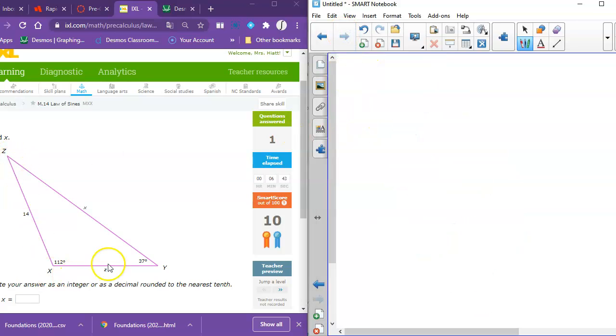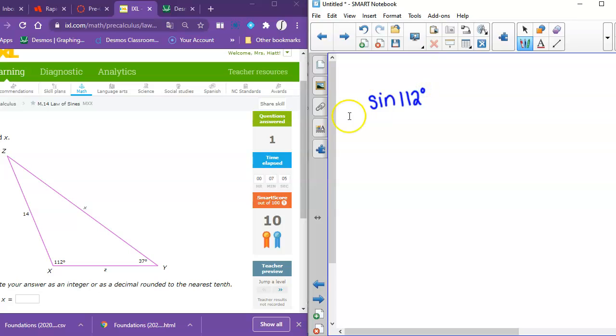So you can see in our picture here, angle X is 112, angle Y is 37. We know the side across from it. They're asking us for the X here. So to set this one up, we could say sine of, we're looking for the X, so we know we need to use 112.